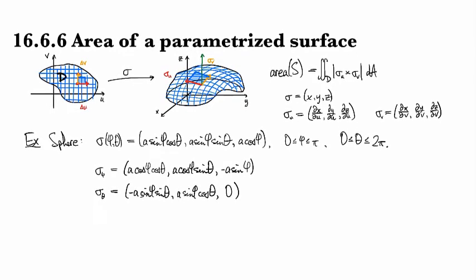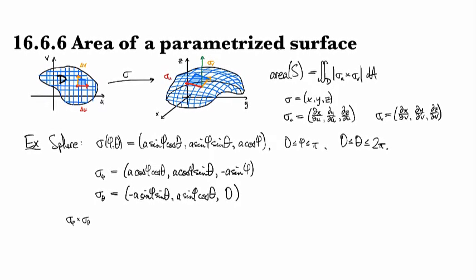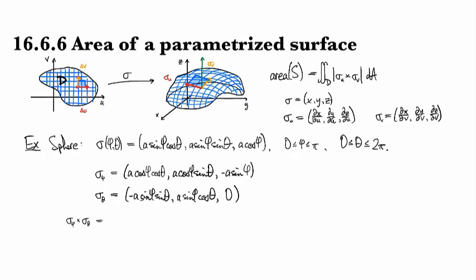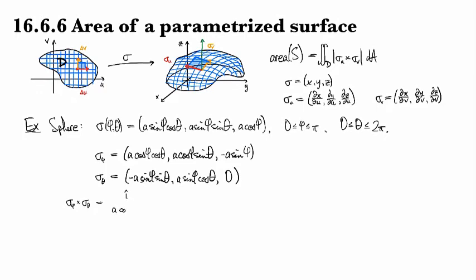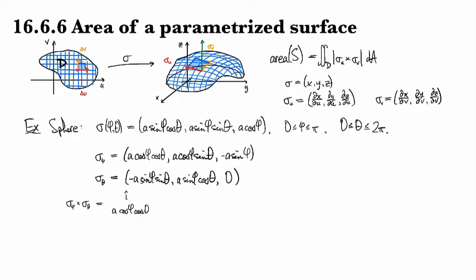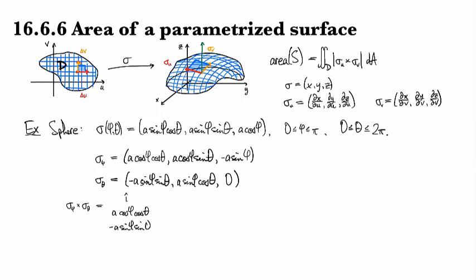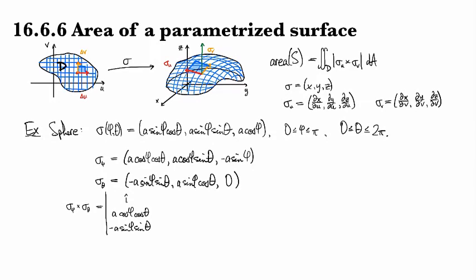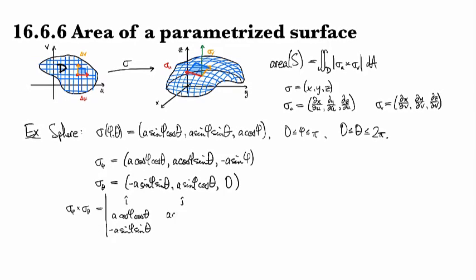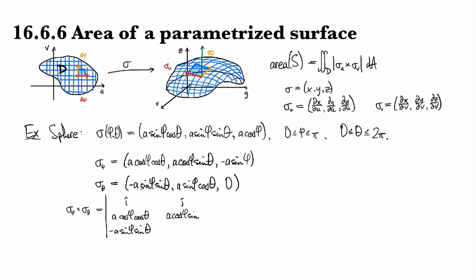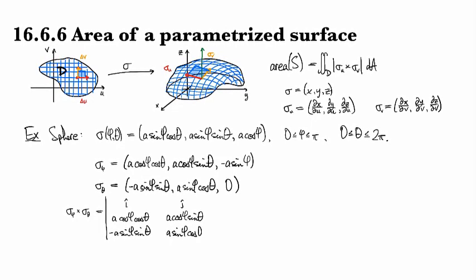So now we can go ahead and do the cross product. Sigma phi cross sigma theta is going to be given by some determinant where in the first column for i hat we have A cosine phi cosine theta and minus A sine phi sine theta. And then in the next column for j hat we've got A cosine phi sine theta and A sine phi cosine theta.